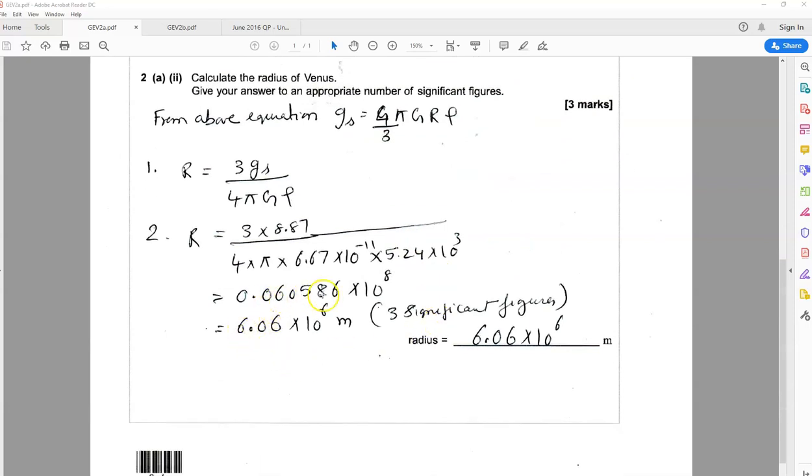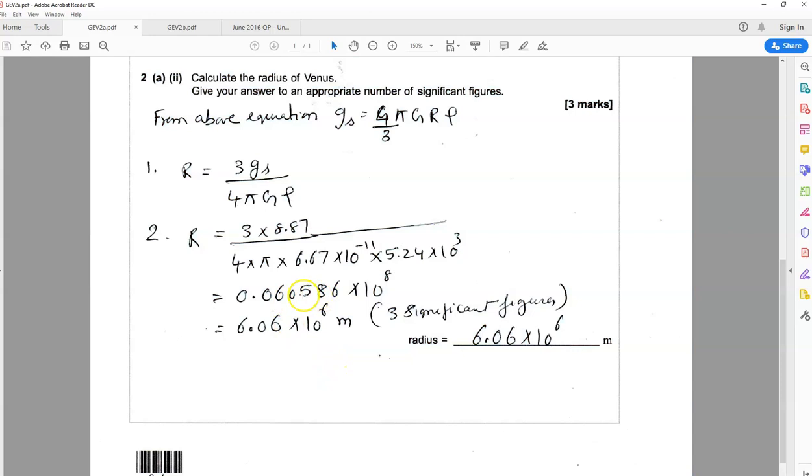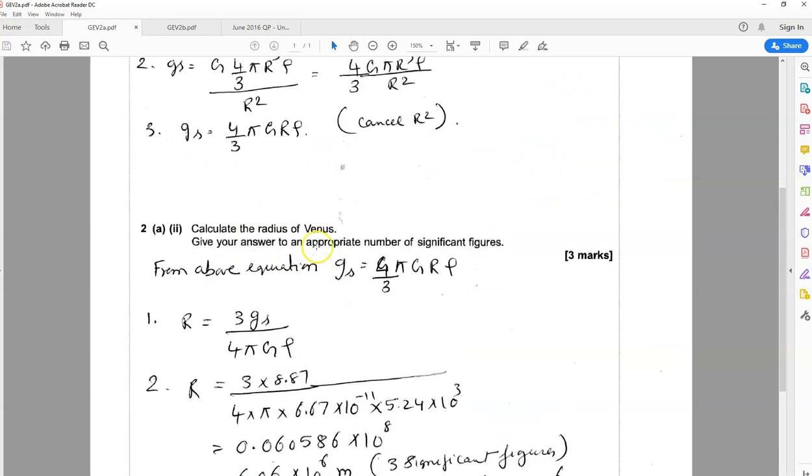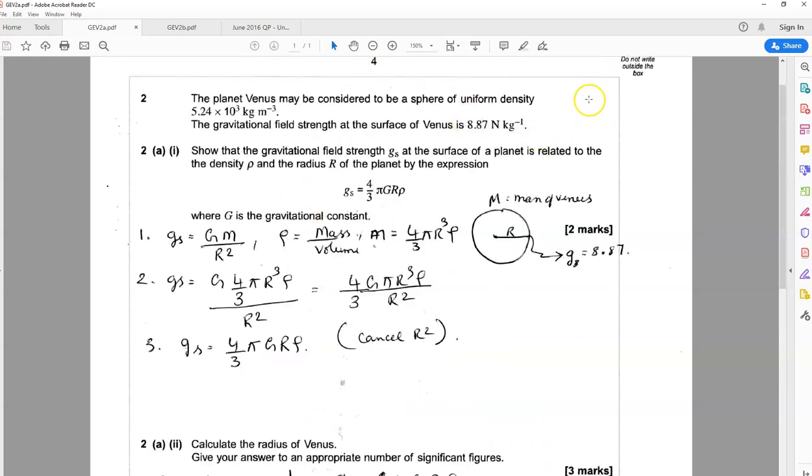When you take the 3 digits, you can round this, so I end up getting 6.06 times 10 to the power 6 meters. Now by doing this, you can easily score 3 marks. So just keep in mind that sometimes with these questions, you have to understand the first thing.